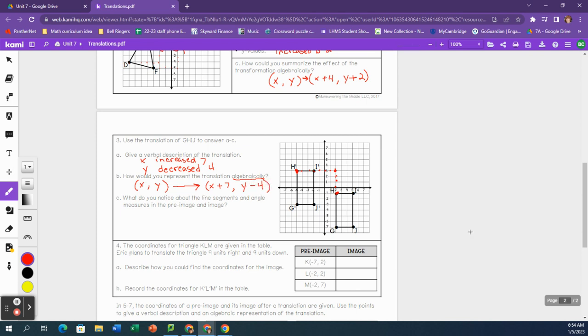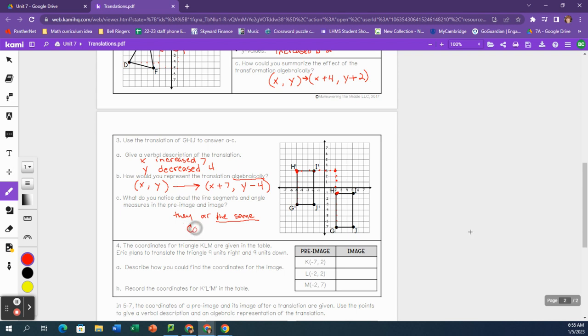What do you notice about the line segment and angle measurements in pre-image and post-image? Well, they're the same. So look, 1, 2, 3, 4, 5, 6, 7. 1, 2, 3, 4, 5, 6, 7. So they are the same. And do you remember that word that we learned that means the same?